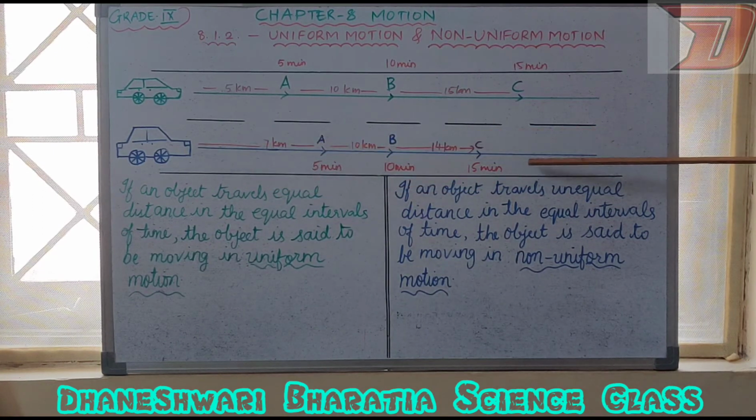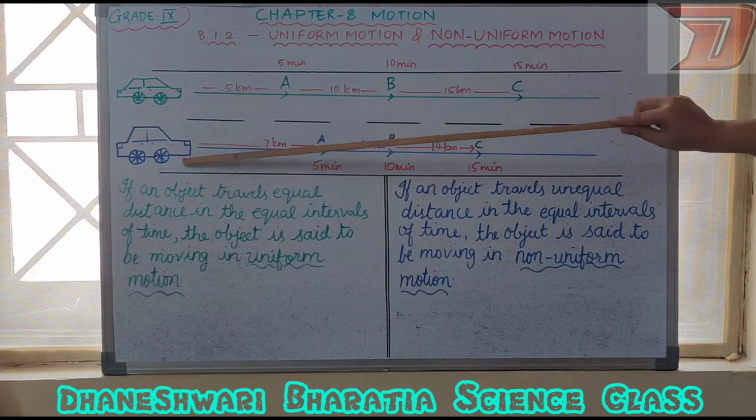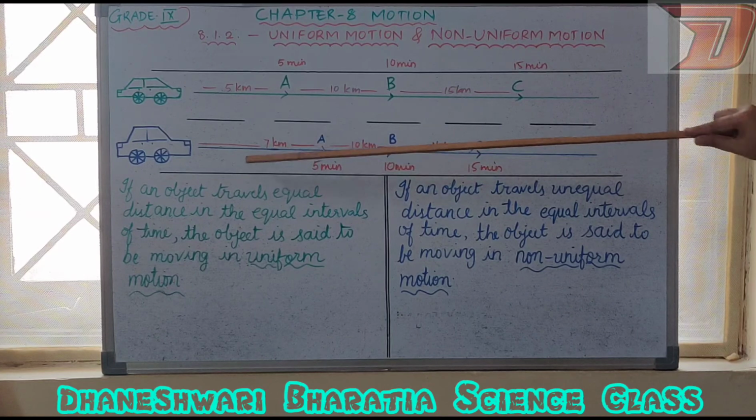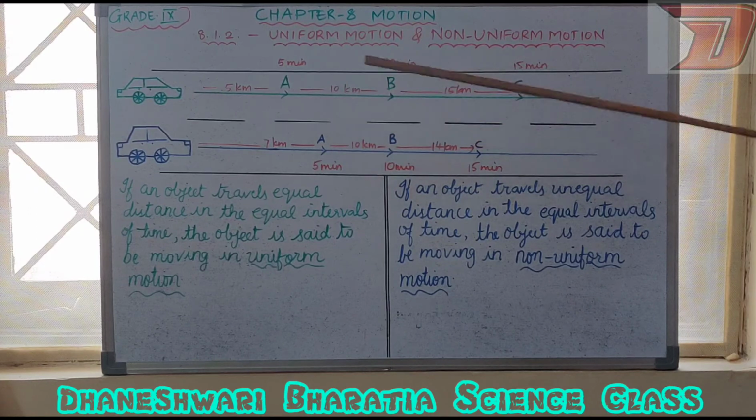Now the other car is moving in the other lane of the same road. Now this lane of this road is quite busy. So in the first 5 minutes, this blue car is covering 7 kilometers, right? But now here after reaching 7 kilometers, this car is facing some hurdles, or I can say some traffic is there.